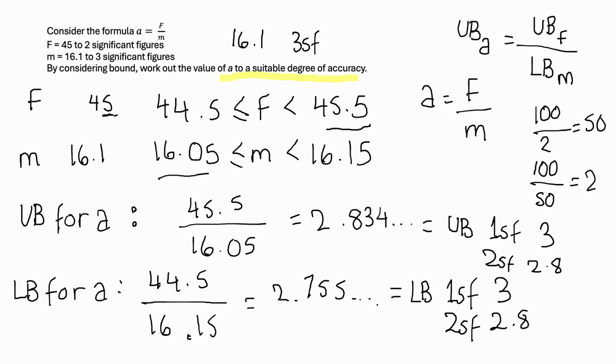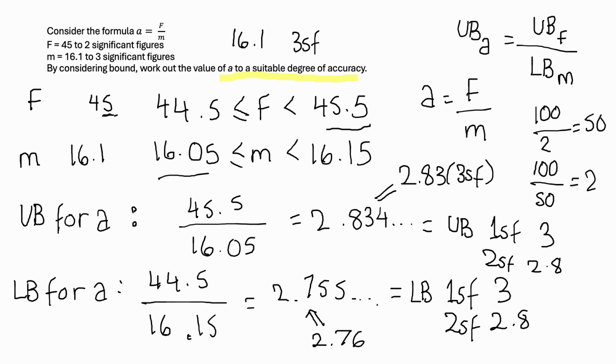Let's see if we can round to 3 significant figures. If we round the upper bound for A to 3 significant figures, we get an answer of 2.83. Whereas if we round our lower bound to 3 significant figures, we get an answer of 2.76. Do the upper bound and lower bound match? Are they the same?